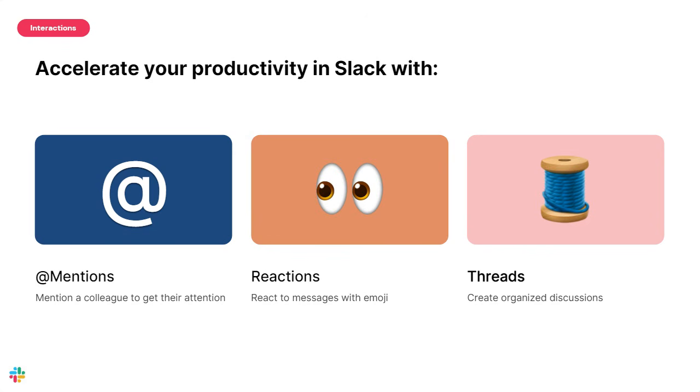We have @mentions, emoji reactions, and, drum roll, threads. Woo! We've come to the moment. So these are all super simple and effective methods and things that you and your team can start to apply today. So let's dive into why these are important concepts.